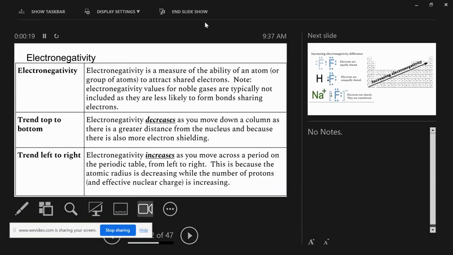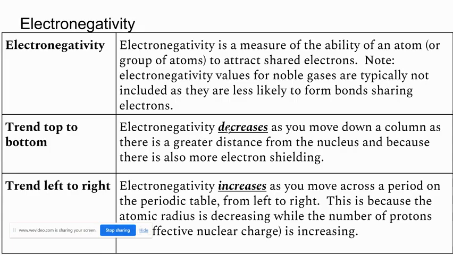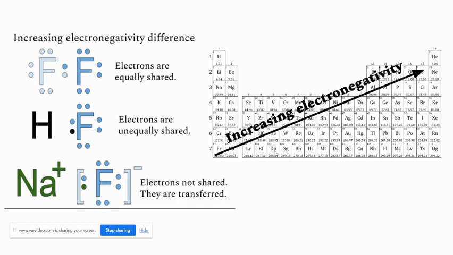And remember, everything is striving to be, and I'm personifying this, these don't have emotions, everything's trying to become a noble gas. So all of the noble gases, for the most part, have a 0 electronegativity. They don't need an extra electron. They're already good.